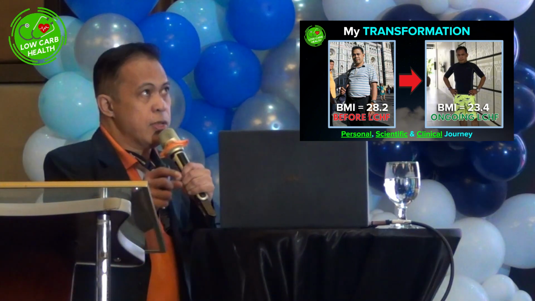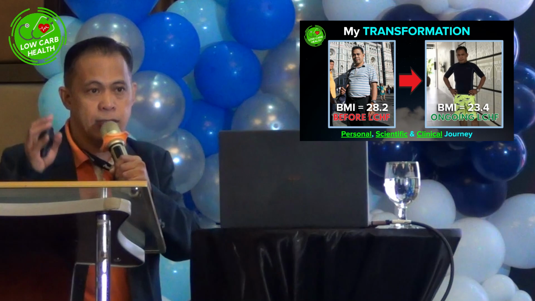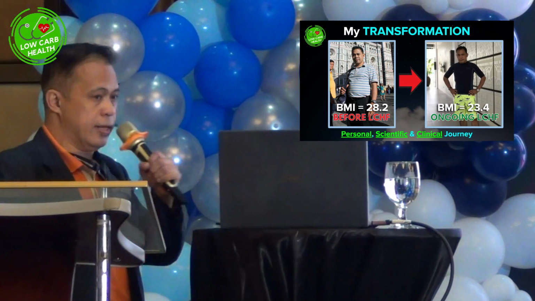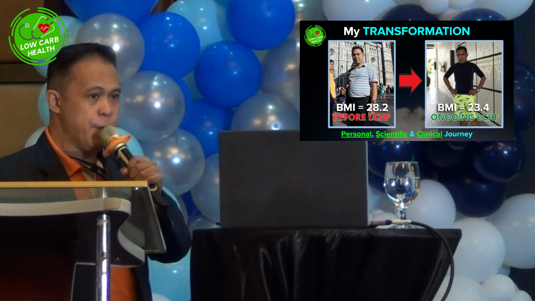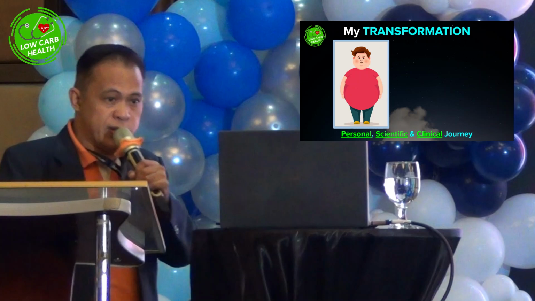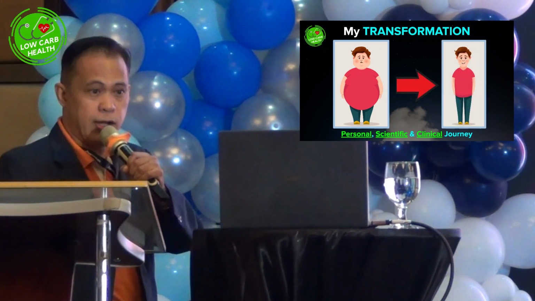It can also be called in metabolic health circles as ketogenic metabolic therapy or KMT, the title of my presentation. So I successfully reversed the process, which was going the other way earlier.